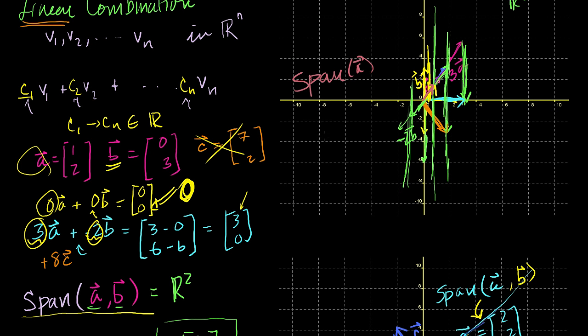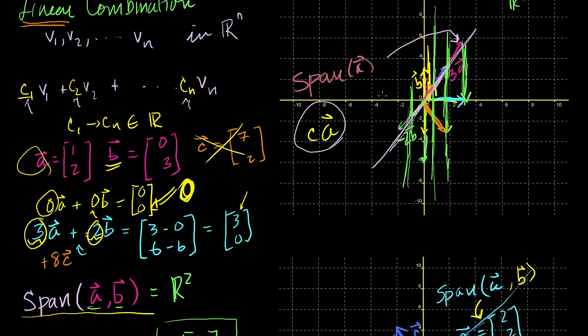You can't even talk about combinations, really. So it's just c times a, all of those vectors. And we saw in the video where I showed a parametric representation of a line that the span of just this vector a is all of the line that's formed when you scale a up and down. So span of a is just a line.